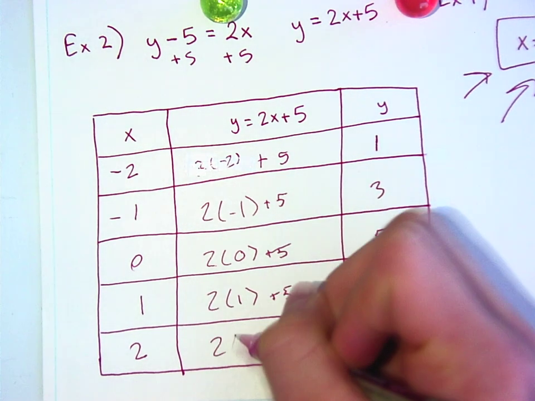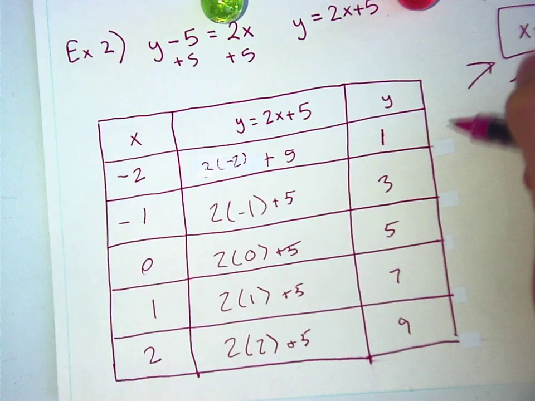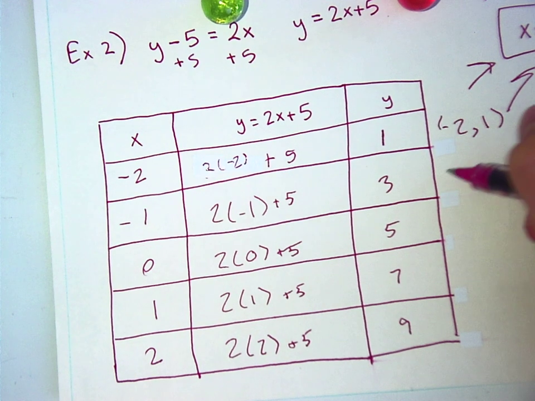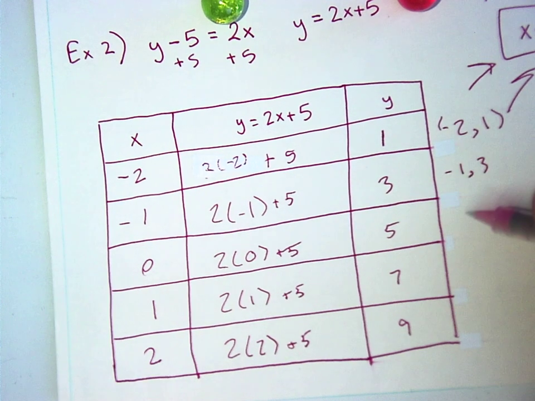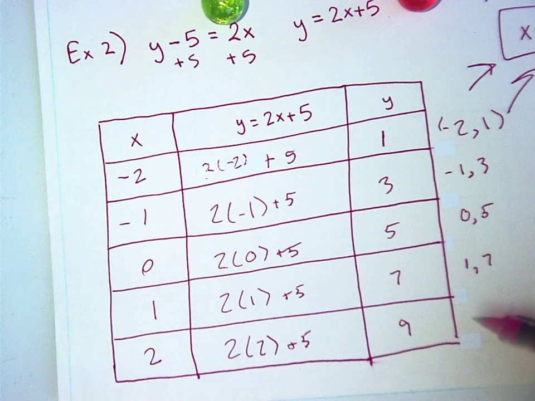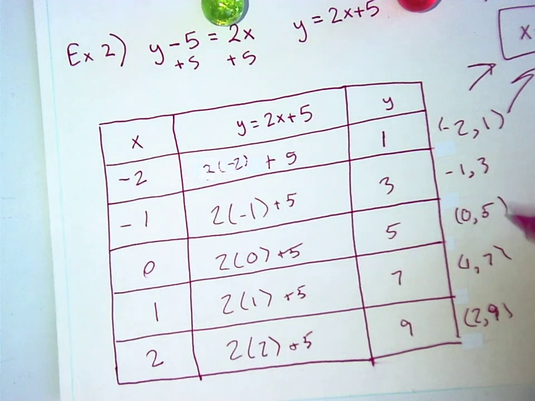And 2 times 2 plus 5 is 9. And then you get your points, -2, 1, -1, 3, 0, 5, 1, 7, and 2, 9. And then you create your graph.